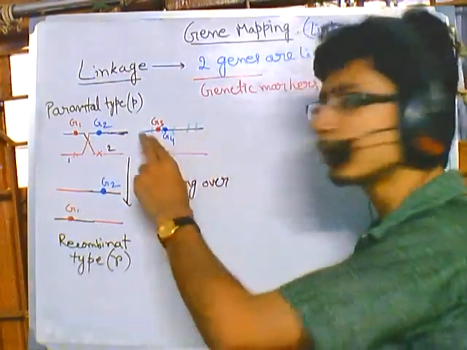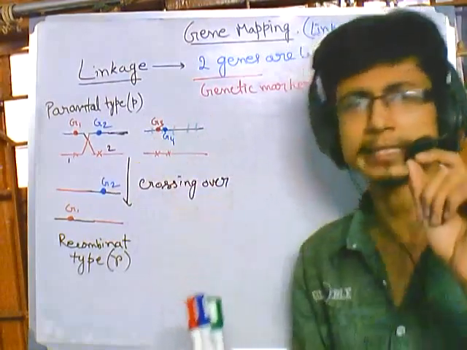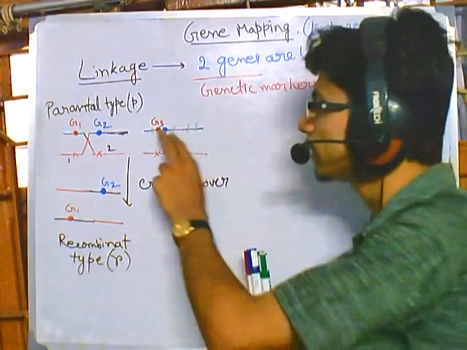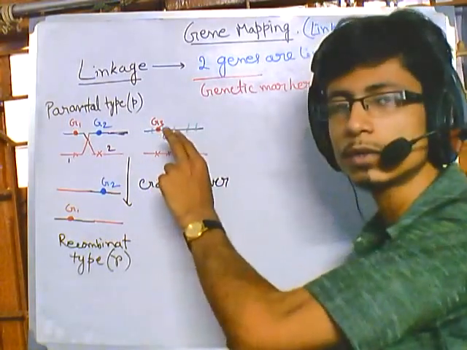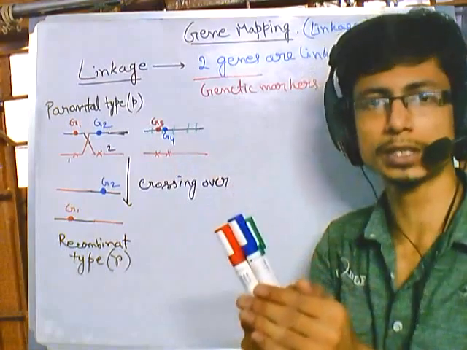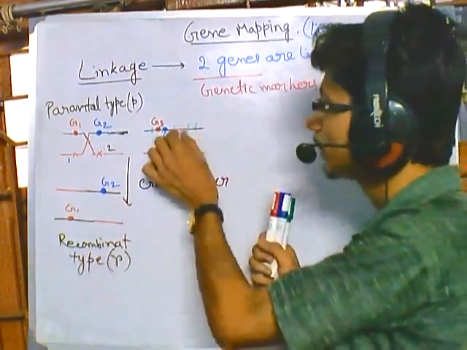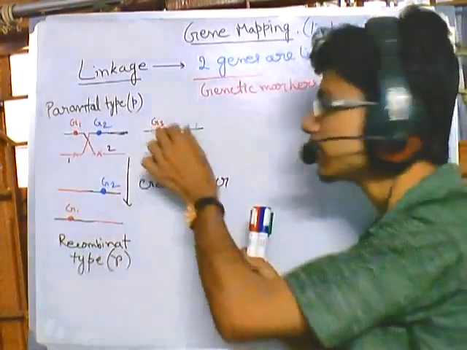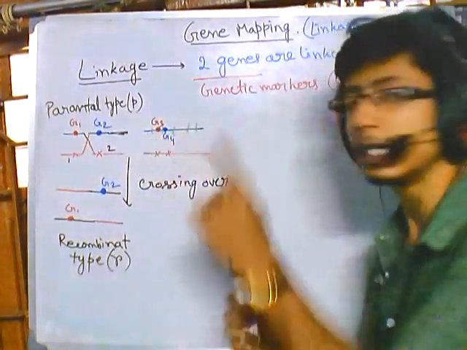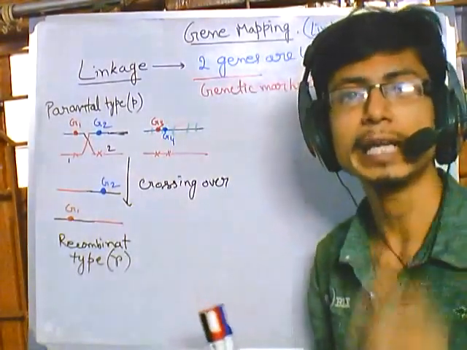It can cut from different regions and can swap segments between themselves, but it is rarer to cut between G3 and G4. Why? Because they are placed very close to each other. So by random chance, the probability of cutting in the middle of G3 and G4 is very low.